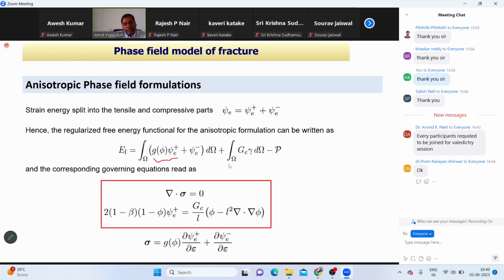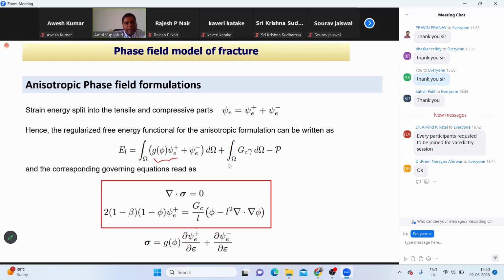Once you do that, these are the set of governing equations you will get. So sigma is no longer multiplying the entire strain energy with g(phi). It is only the strain energy coming from the tensile part of the load that is taken care of through the degradation. The compression is untouched.